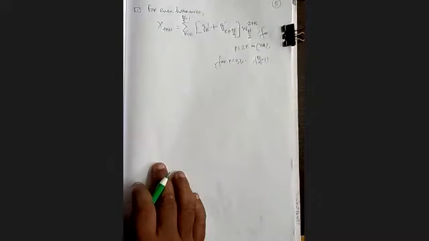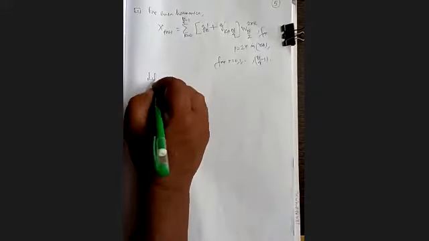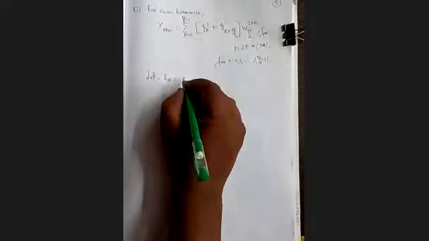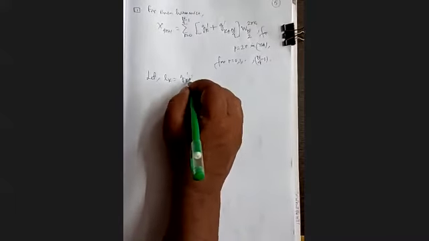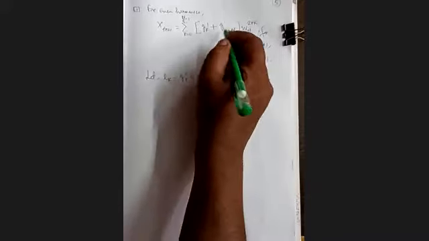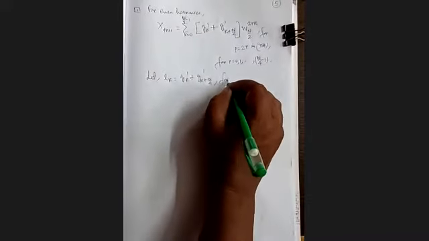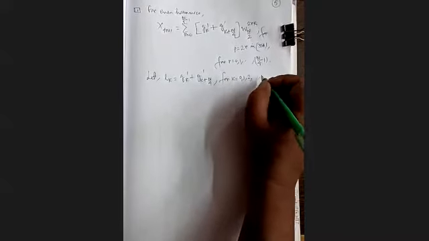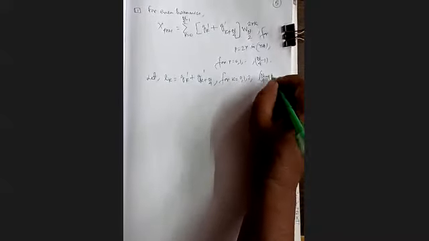Right. Now we let L(k) be equal to G'(k) plus G'(k plus N by 4), the whole thing, for k equal to 0, 1, 2 up to N by 4 minus 1.